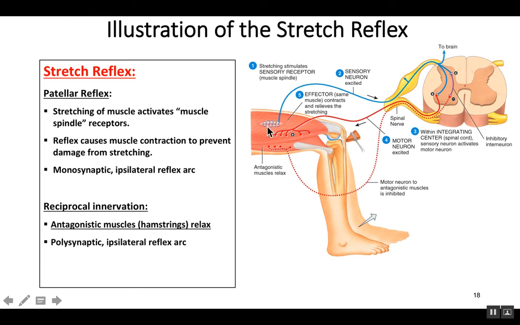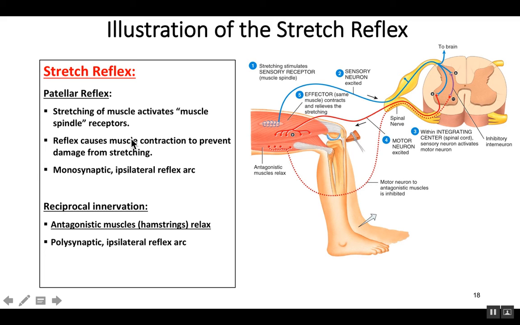So we're stimulating the quadricep and inhibiting in order to relax the hamstring. If we didn't do that, and your quadricep contracted, it would stretch the hamstring and possibly injure it. So there's actually two reflexes going on in this picture.